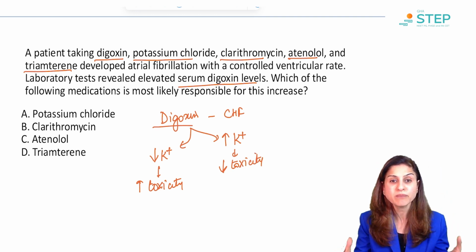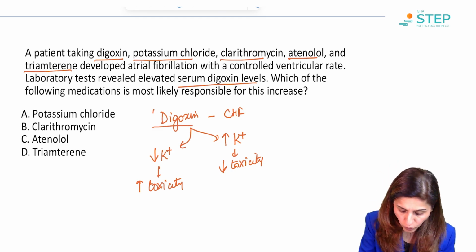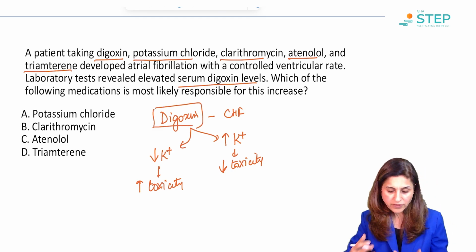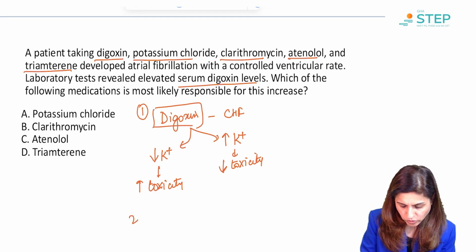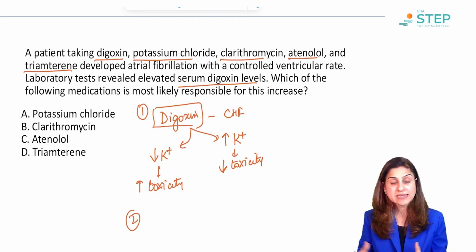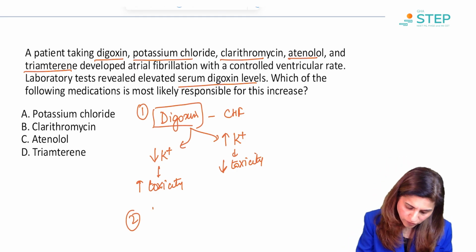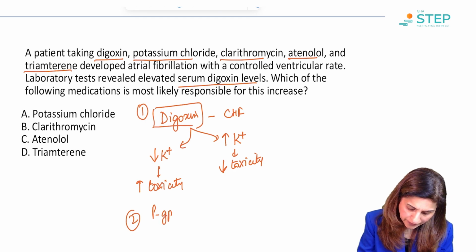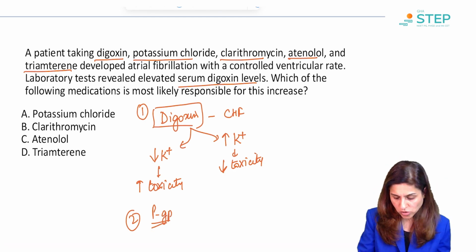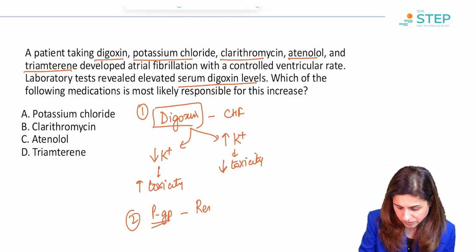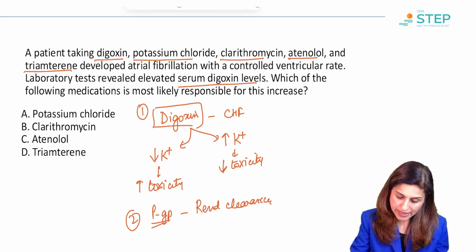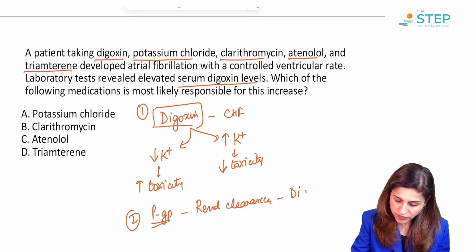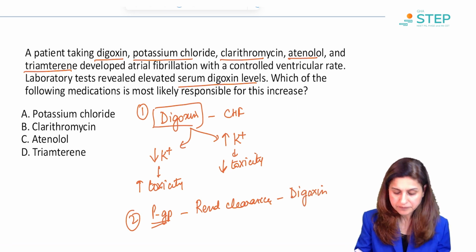So this is one very important relation that we should know. That is one point. And number two, digoxin gets excreted with the help of P-glycoprotein. So the renal clearance of digoxin is primarily because of the P-glycoprotein.